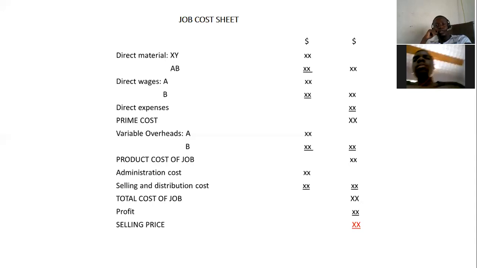You realize that they are paying two different people who belong to two different departments.